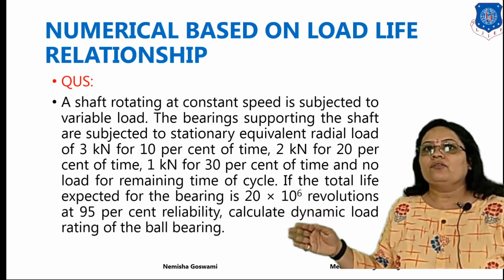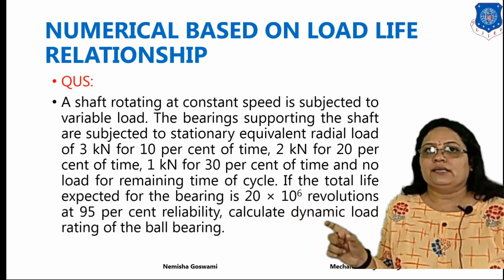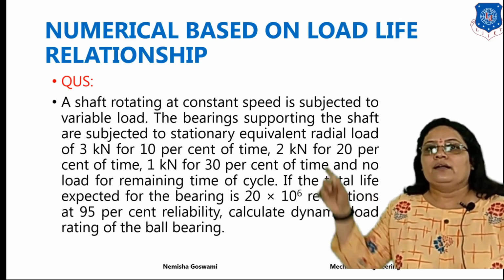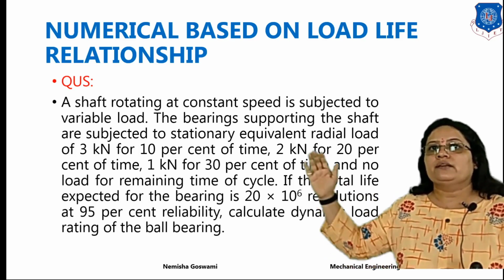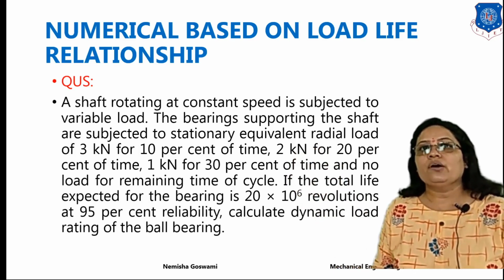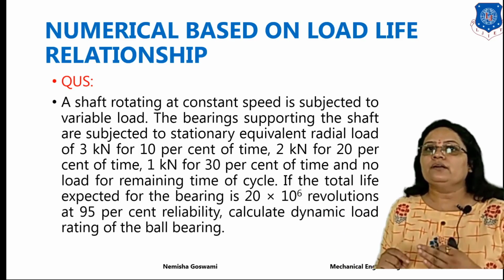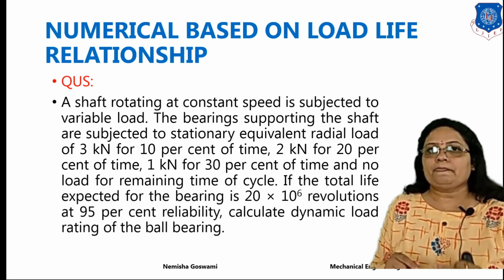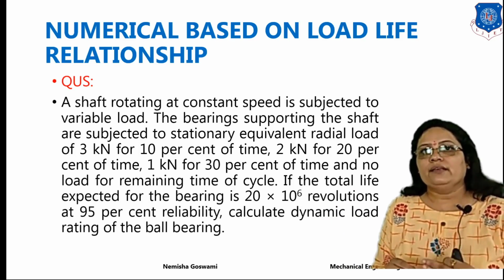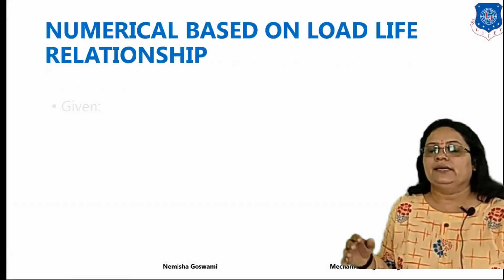So we have to calculate the dynamic load rating, so we have to find out C. C is not given. W equivalent you can find by using W1, N1, W2, N2, okay. So first of all, we will write down all the given data, then we will put all values one by one in the respective equations. So how to solve it, you can see here.